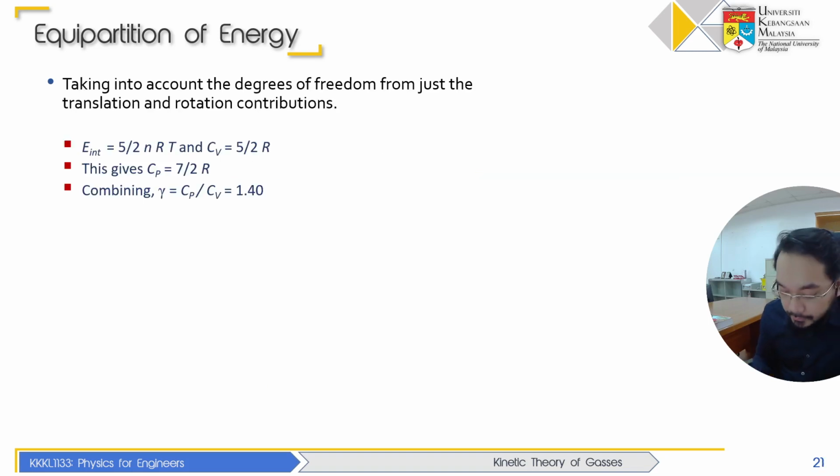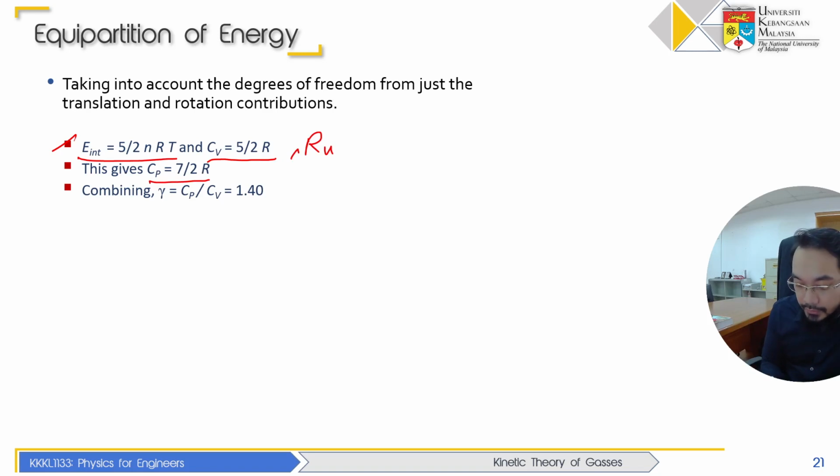Taking into account the degrees of freedom from just the translational and rotational contribution, we can get the internal energy to be this, and CV is this, right? And this gives us CP to be 7/2 R. So this here is RU, okay?